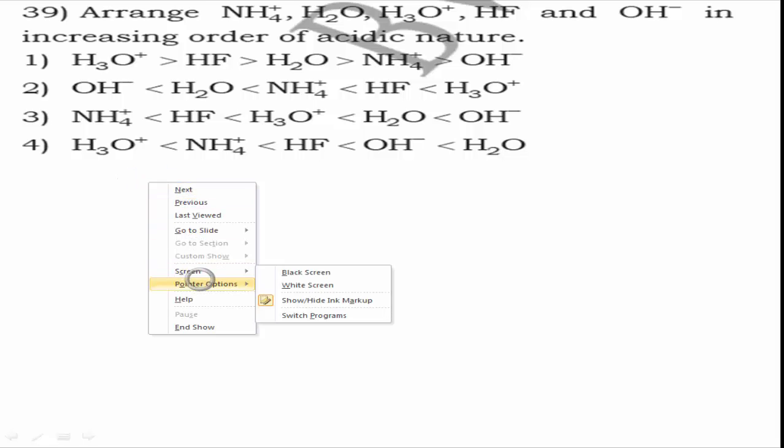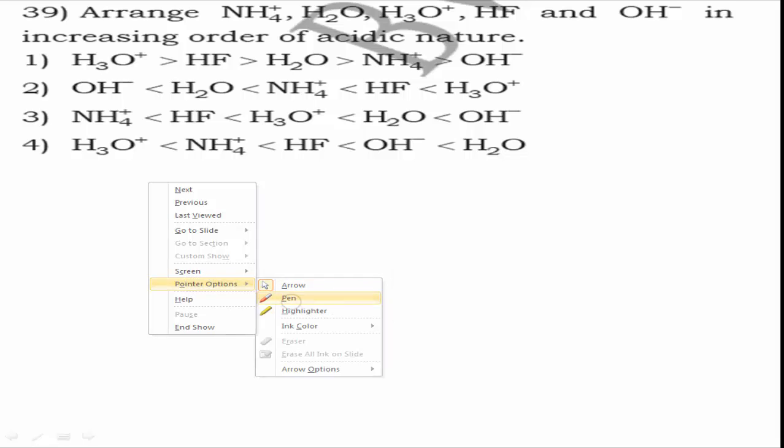Students, acids are the species that have the tendency to give a hydrogen ion. So the order of acidity can be written as OH minus less than H2O less than NH4 plus less than HF less than H3O plus, meaning hydrogen ion.